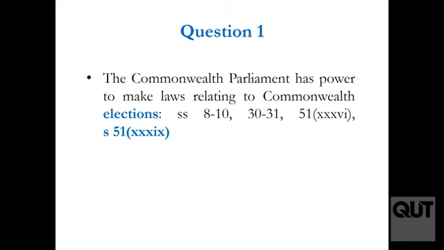So the relevant head of power here, I think, would be the incidental legislative power in Section 51(xxxix), when construed with all of the provisions that confer power on the Parliament to make laws relating to Commonwealth elections.